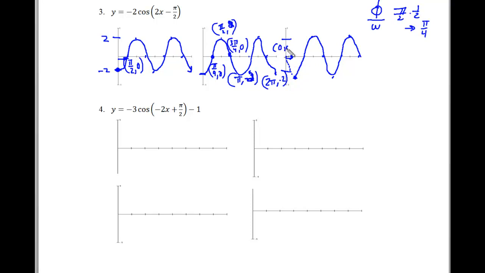So this is the origin. This is going to be down here. This is going to be pi over 4, -2, and then pi over 2, 0. So this is 1/4, 2/4, 3 pi over 4, 2.